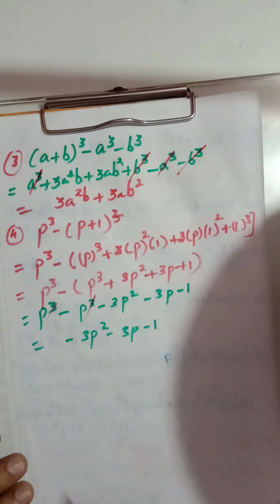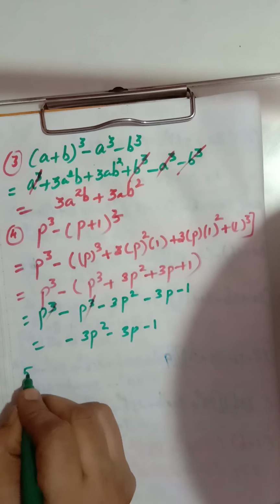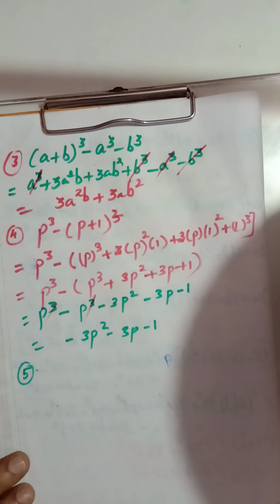Now moving to the next question, that is the fifth one. Children, I am just explaining the fifth question. Here you have 3xy minus 2ab and 3xy plus 2ab. See, children, this is the same as the first and second questions we have done.